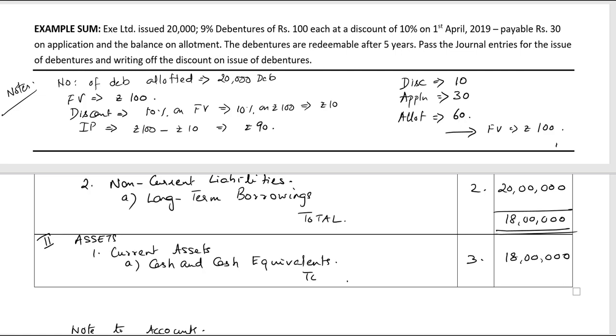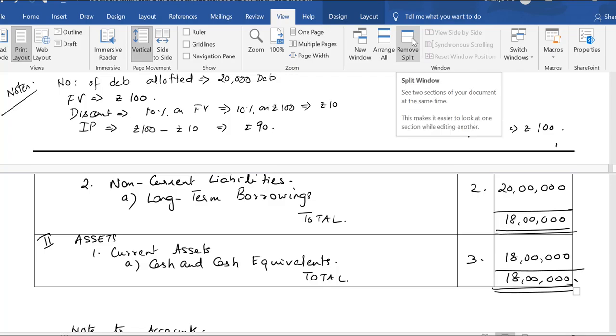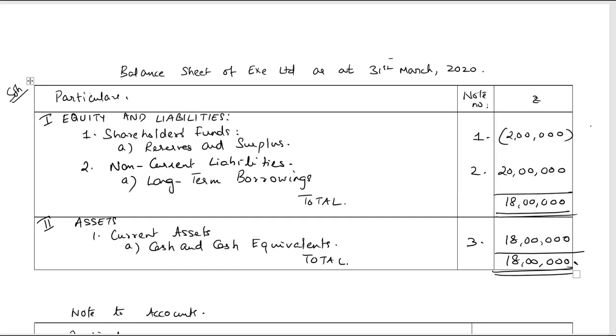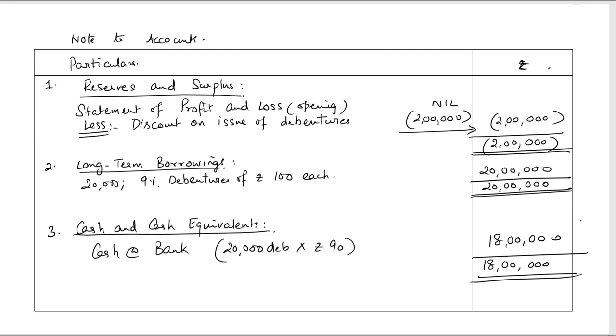And the asset side total also comes up to 18 lakh rupees. So we've done the balance sheet. I will remove the split. We will view the balance sheet. So this is the balance sheet. And the note to accounts.